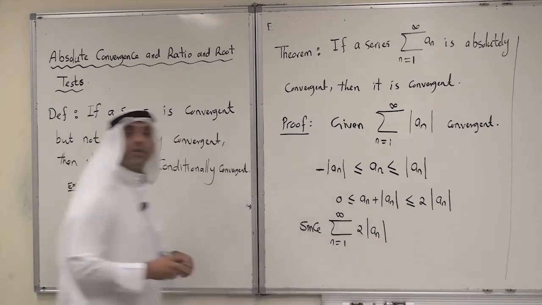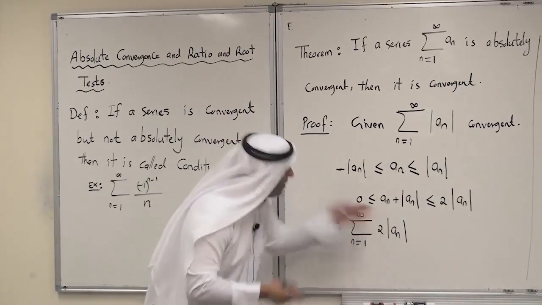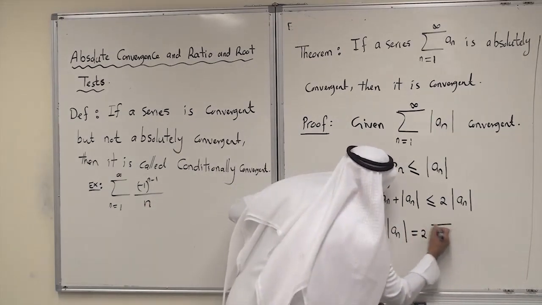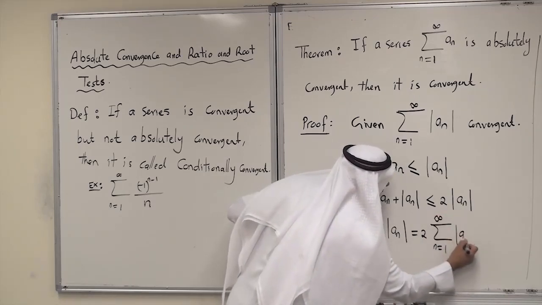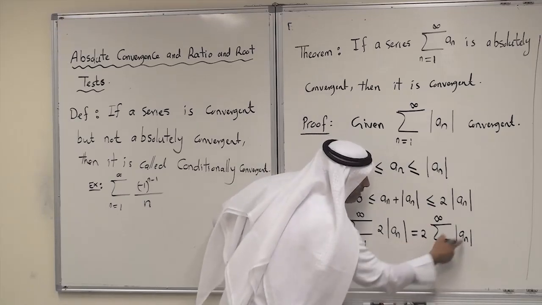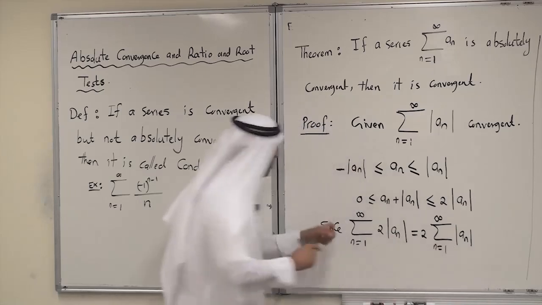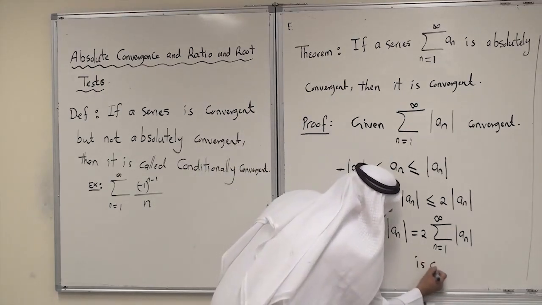This is convergent. Why is it convergent? Because it is a constant multiple of a convergent series. This is equal to 2 times the summation from n equal to 1 up to infinity of the absolute value of an. By the given, this is convergent, and multiplying a convergent series by a constant multiple is still convergent. So we can say this series is convergent.